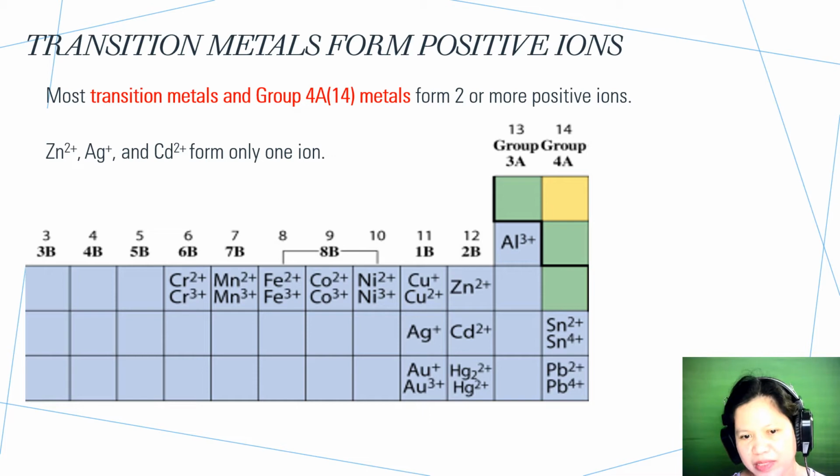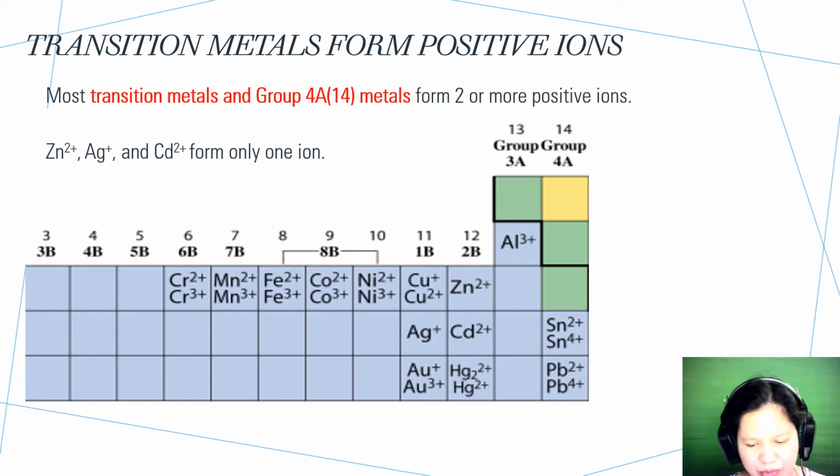Ag is silver, which has a positive charge of 1. Cd is cadmium, 2 positive charge. Au is gold, right? Gold 1 and gold 3. Hg is mercury.